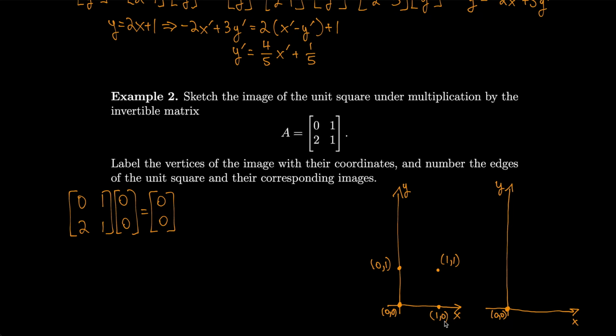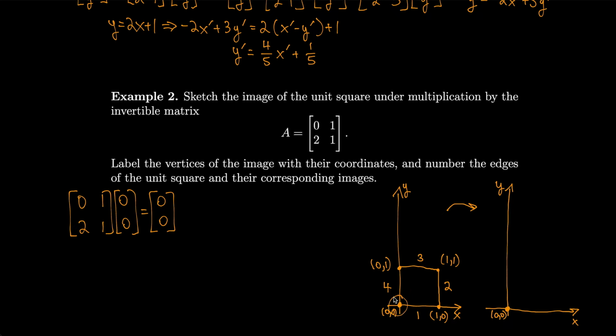This is (1, 0). And it connects like that. So how about we call this edge number 1, edge number 2, edge number 3, and edge number 4. And somehow this square is going to be transformed via A.